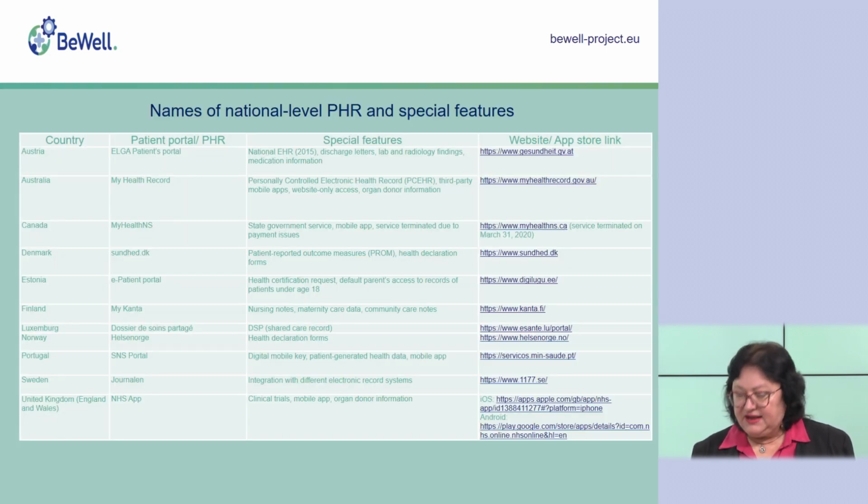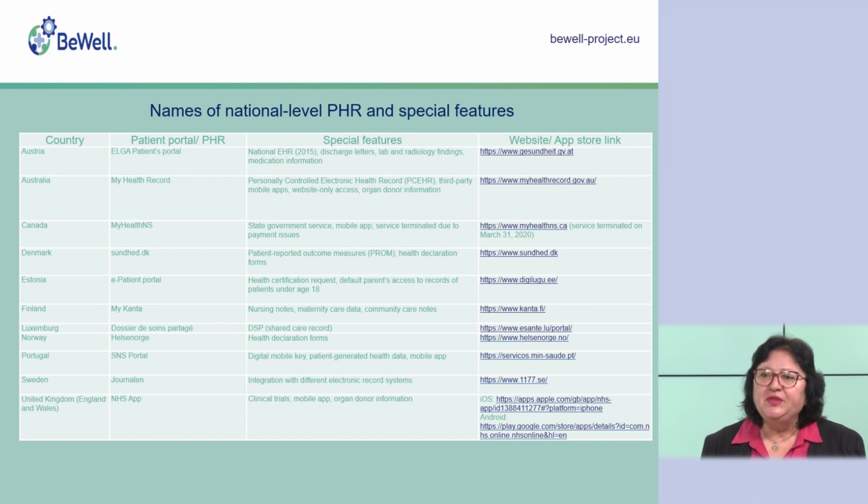Here we can see some countries that have their patients' portals, and if you look at this table, you will see that these countries have decided to include different special features.